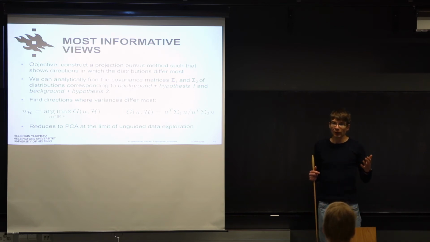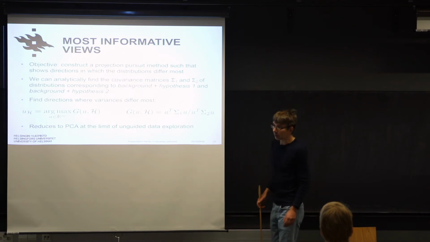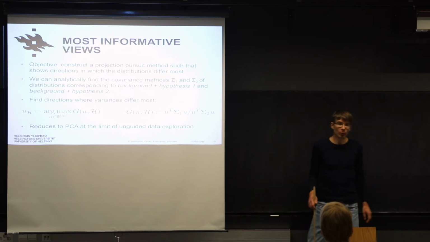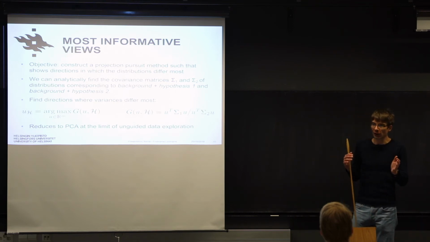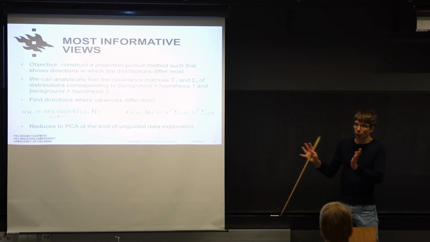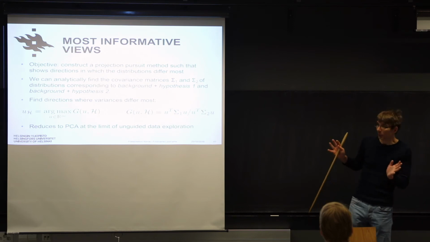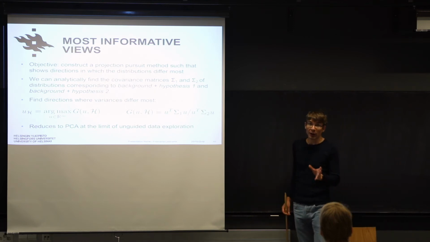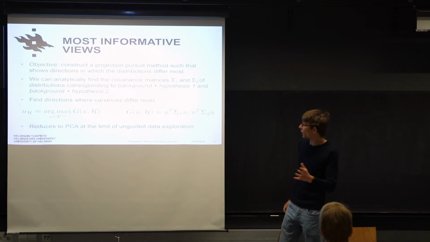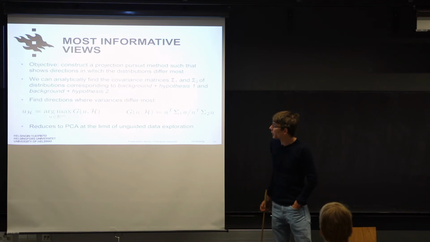This is a different objective from that targeted by most dimensionality reduction methods, because with most of them you take the data, have some cost function, and show some part of the data. But I'm not aware of dimensionality reduction methods that directly aim to show the differences between two distributions.